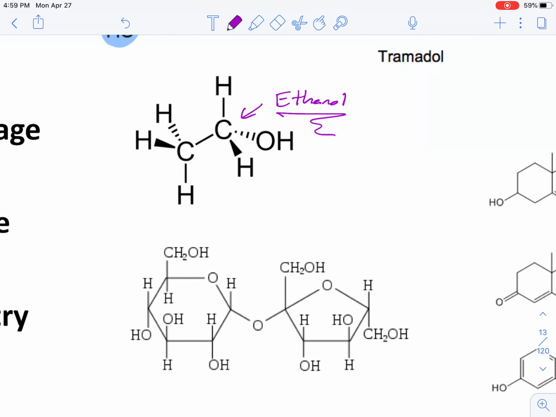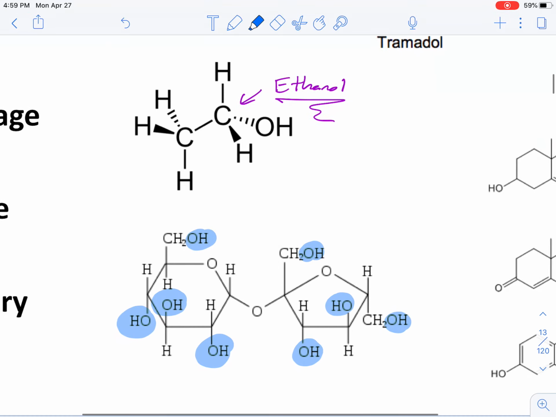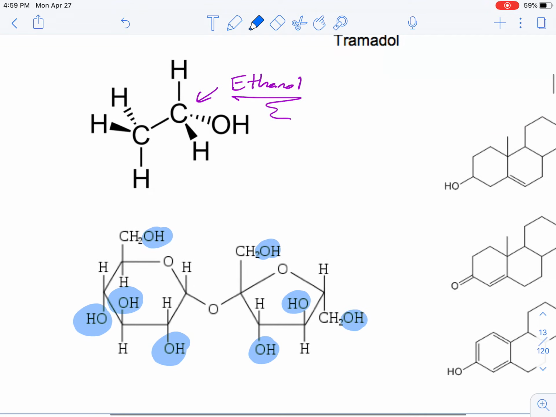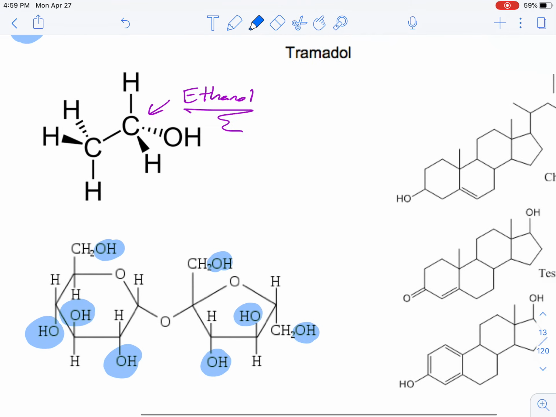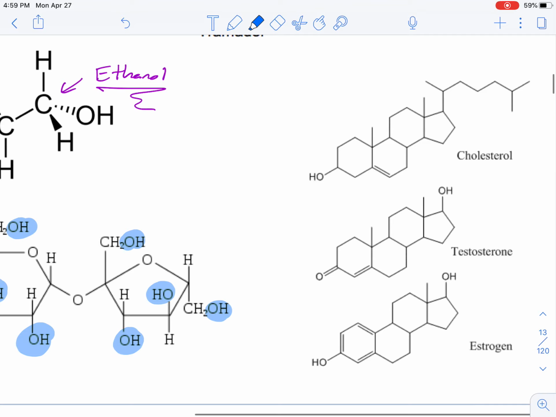If you guys are looking at this molecule at the bottom, we have alcohols, or hydroxyl groups, present in this disaccharide, which is a sugar molecule, and we'll talk more about sugars and carbohydrates in the next chapter. And so this demonstrates that this functional group, hydroxyl or alcohols, is just prevalent. It ranges from medicine to stuff that we eat.